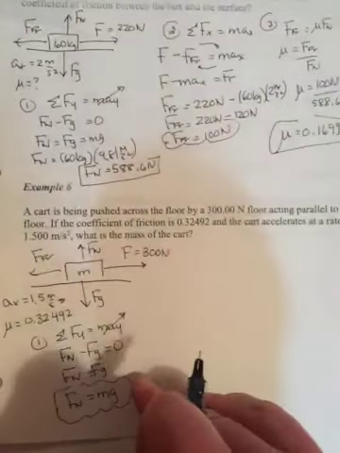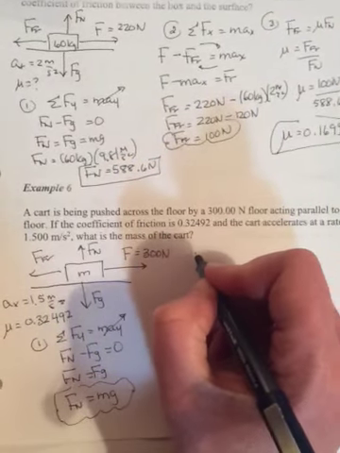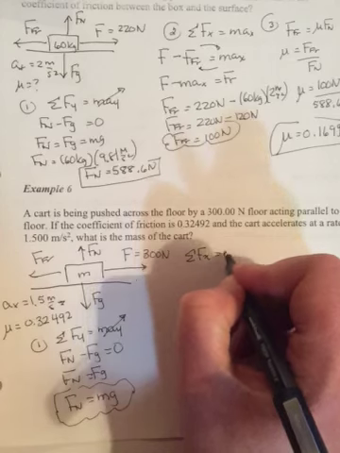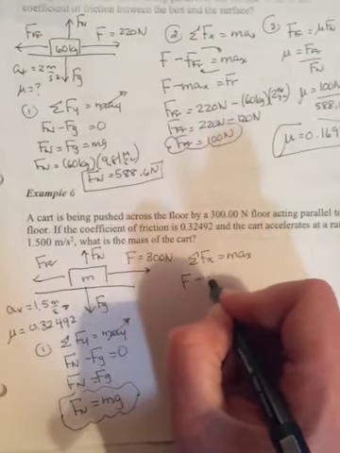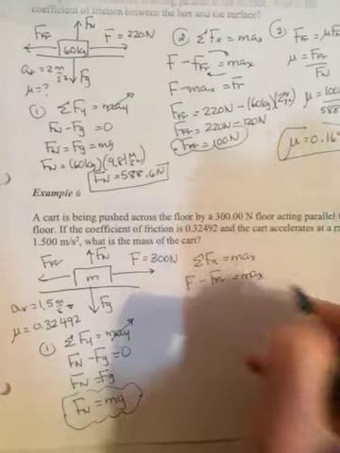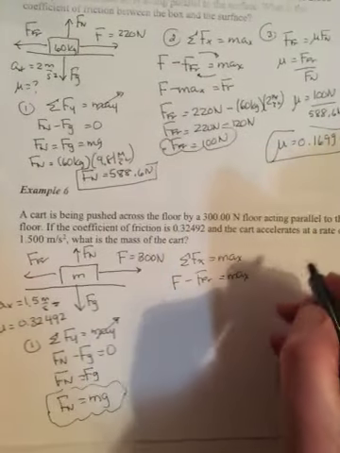Now, the two options are give up or say, well, maybe it'll work out, and go to sum of the forces in the x direction. I have F minus friction is equal to max. But I don't know what friction is, and I don't know what m is.